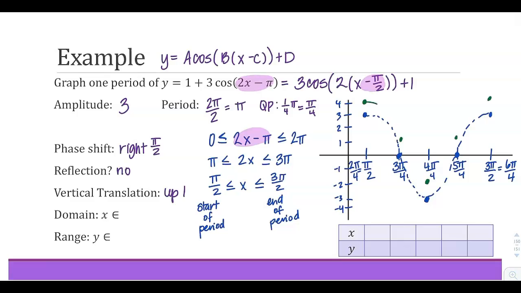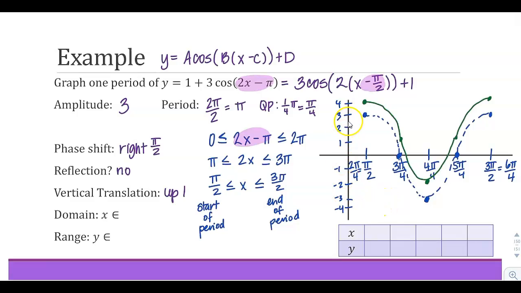And now I'll connect these with a solid graph. This is my final answer. It retains that general wave shape of cosine, but it is not along the y-axis because everything had to shift to the right pi over 2. So solving this inequality adjusted for the phase shift.